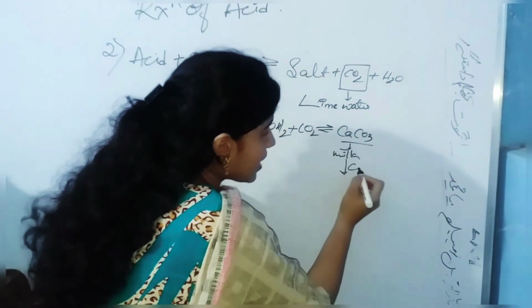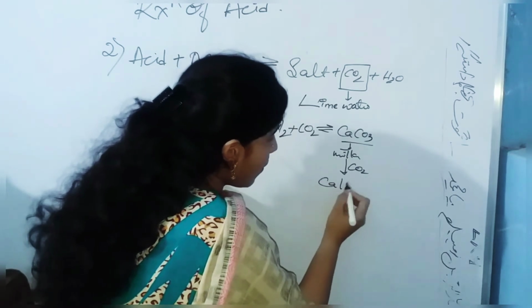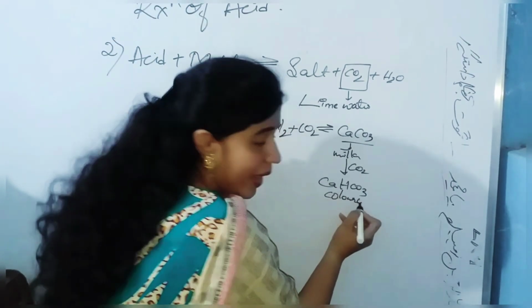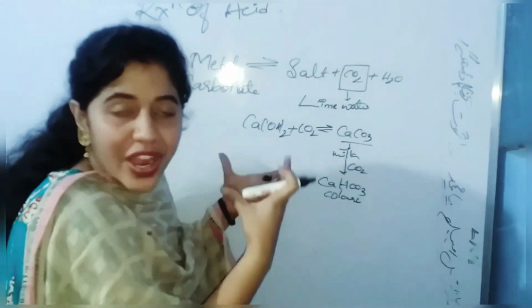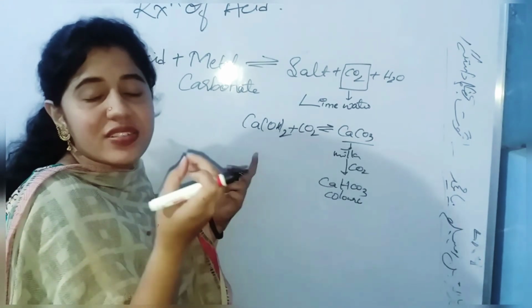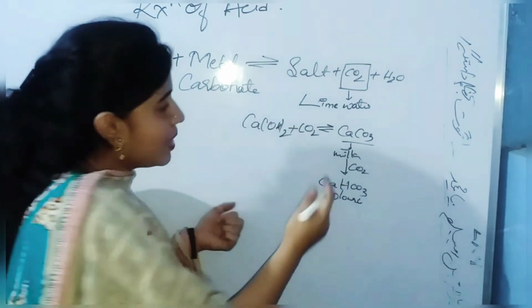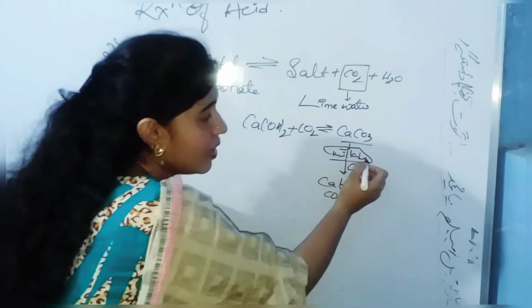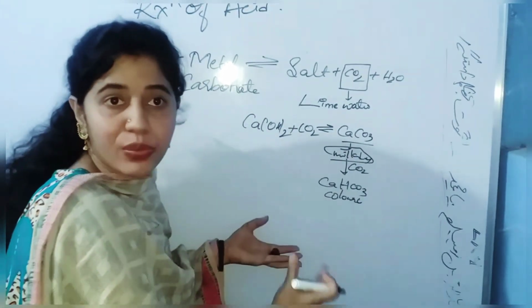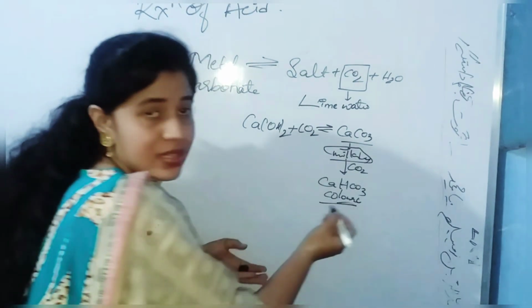With further passing of CO2, it is going to form bicarbonate, which is colorless. So whenever we are performing this to find out carbon dioxide, we should be careful, because for a small instance of time the milky color appears. With further passing of carbon dioxide it forms bicarbonate, which results in colorless.